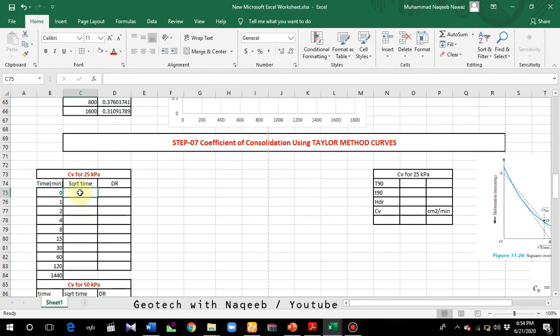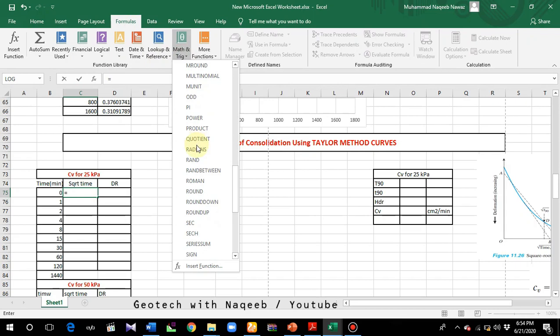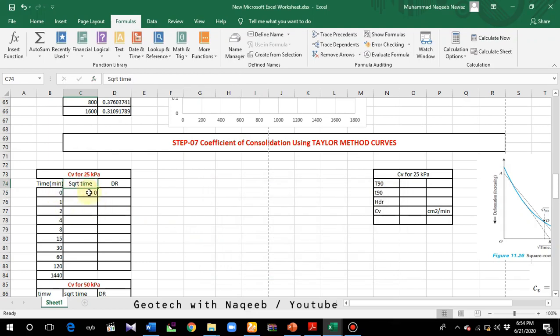Now we'll have to select the square root of the time, as it is a square root of the time method. So I will go to Formulas, square root. You can find this here, select this value, and OK. Now I will drag this one to obtain this.